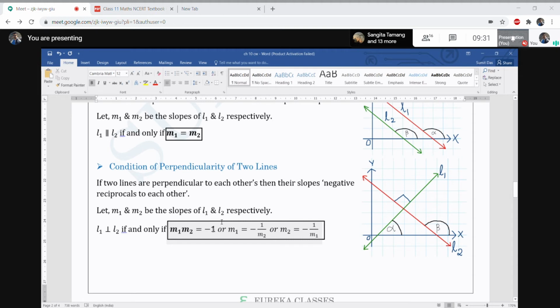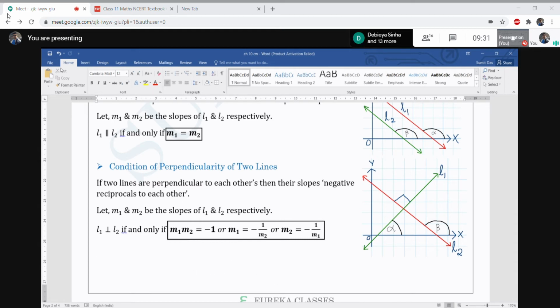Or you can say m1 equals -1 by m2, or m2 equals -1 by m1. All these are the same; basically we just extend from this. This is the negative reciprocal of each other. So this condition we have to remember while solving problems.